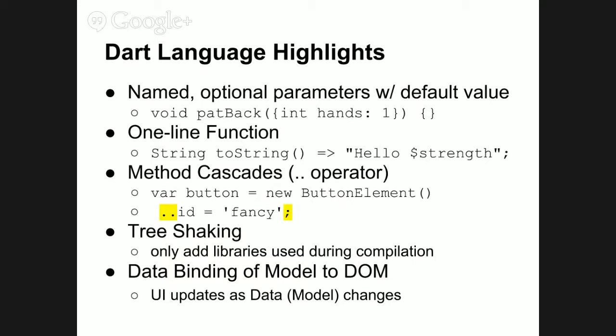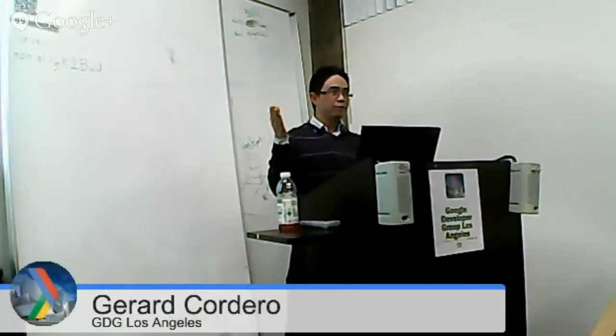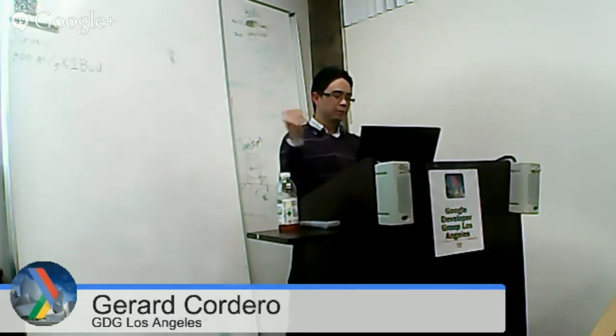Then there's data binding of model to DOM. On your HTML page, you can refer to elements using IDs in the tags, and in your code you just use the ID to reference it, and any change to the data model will change on the page.